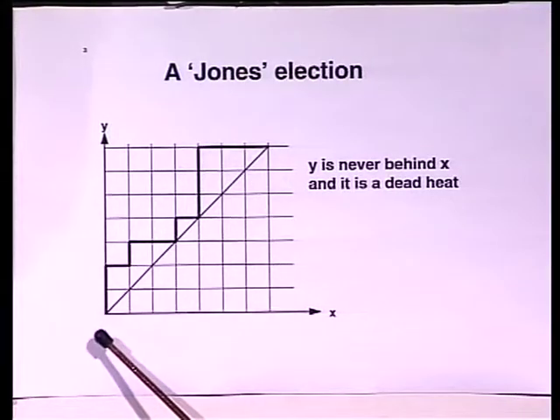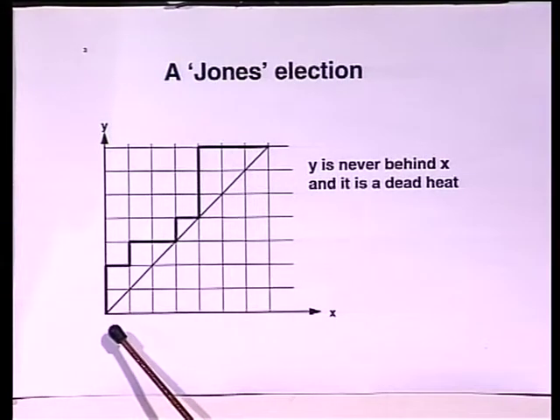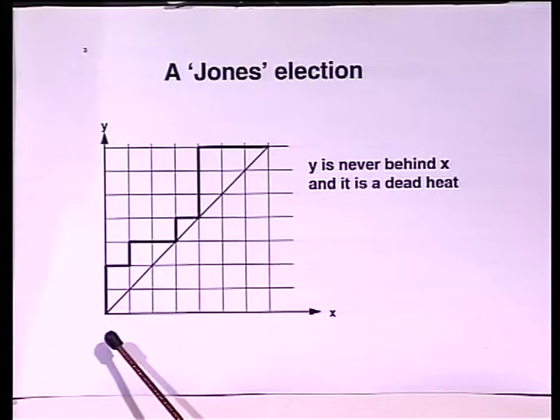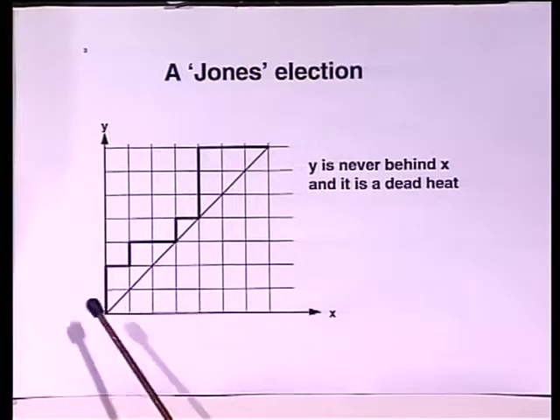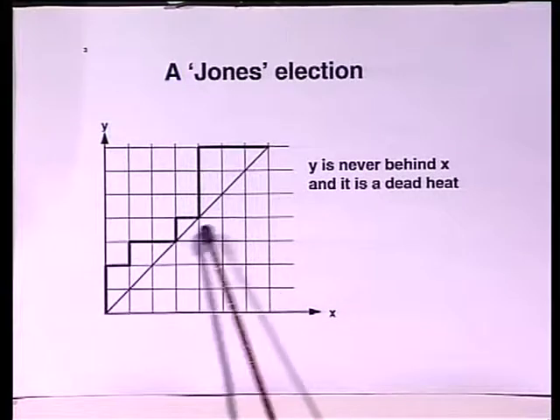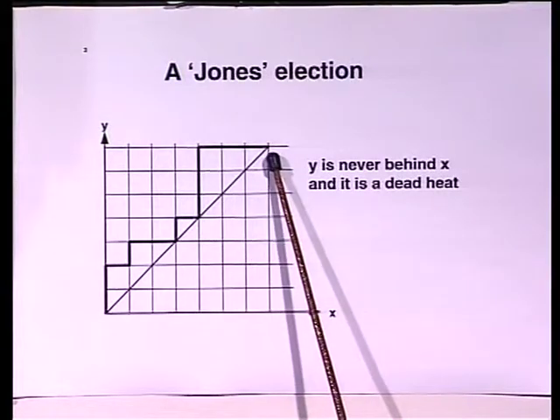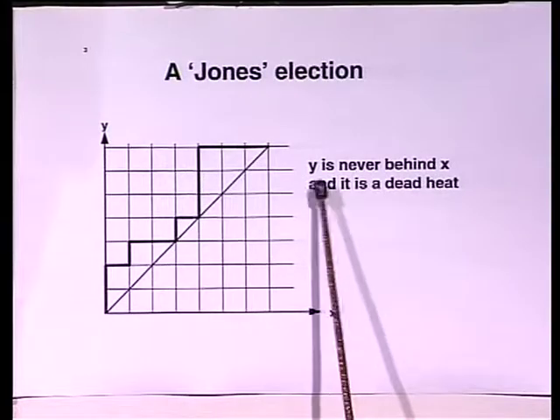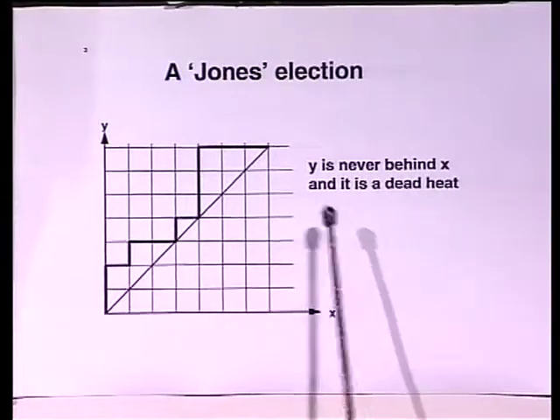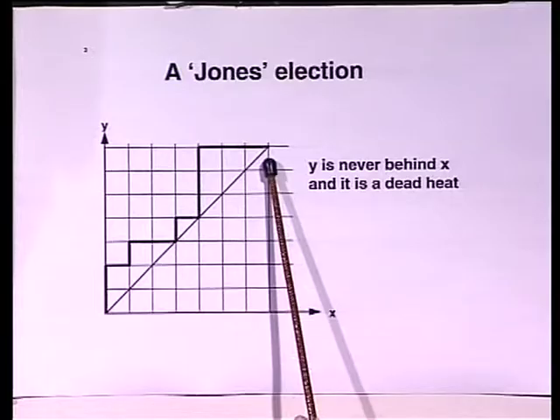And it's elections of this particular type that I'd like to begin with. Now I'm going to call these Jones elections. The reason is that if X was the Jones family, then Y has kept up with the Jones throughout the election. So that's what a Jones election is. Y is never behind X, and the result of the election is a dead heat.